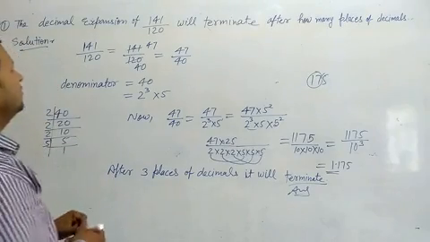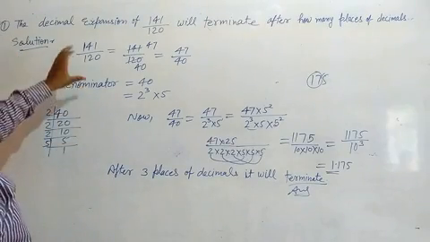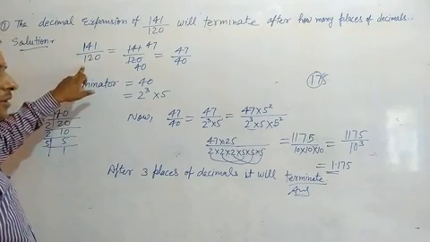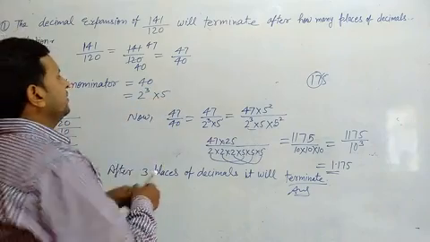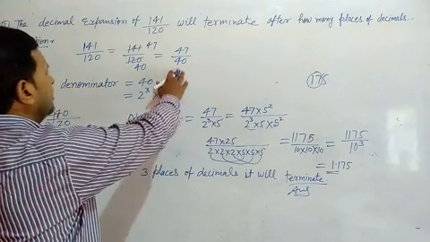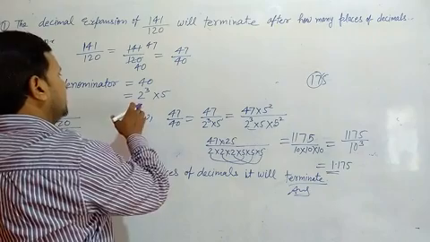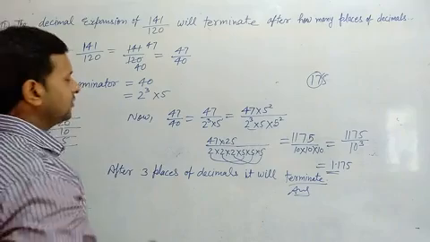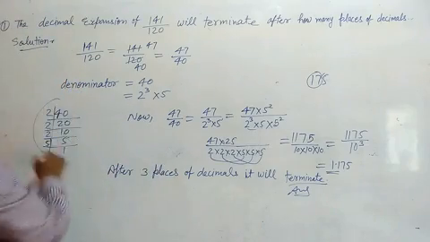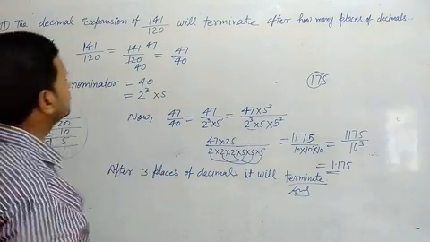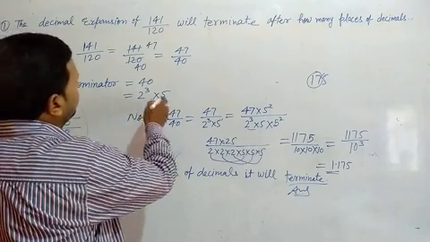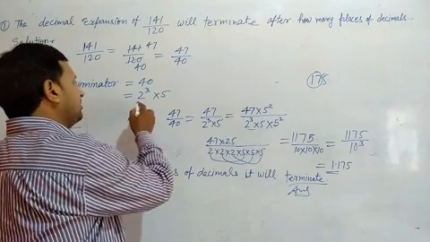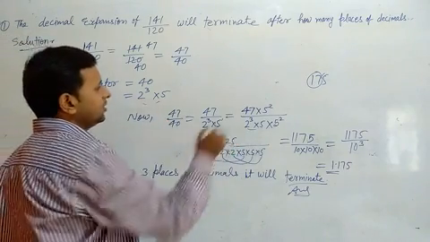First of all, we have to convert the given number into the simplest form and get the denominator of the fraction. After that we have to find the prime factors of the denominator by factorization. Then we convert it into terms of 10.